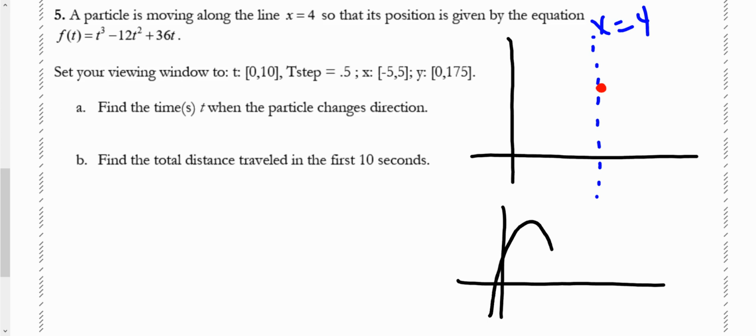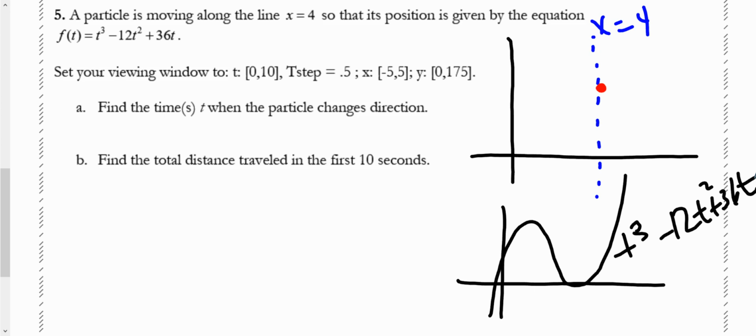And if you were to do this in rectangular form, this is the cubic, t to the third, but it's going to be x to the third, of course, minus 12x squared plus 36x. But again, you'd have to put an x. But that's what that curve is going to look like.